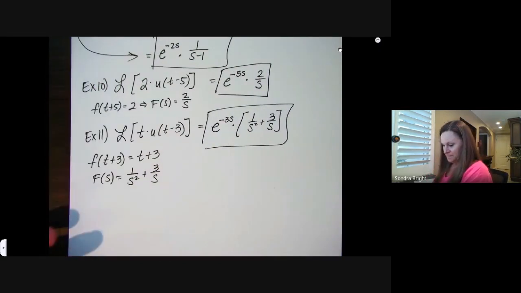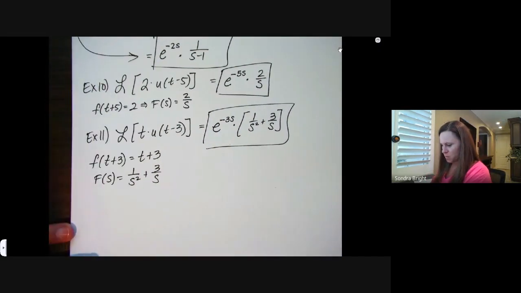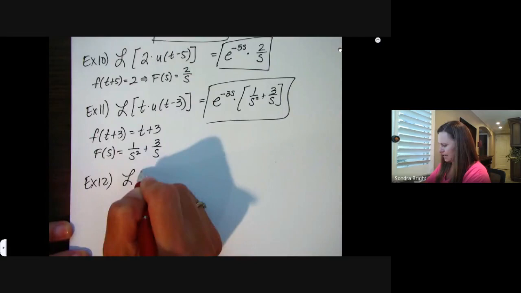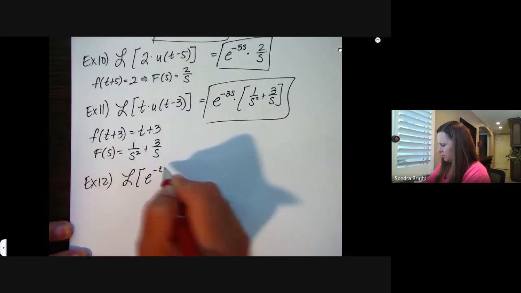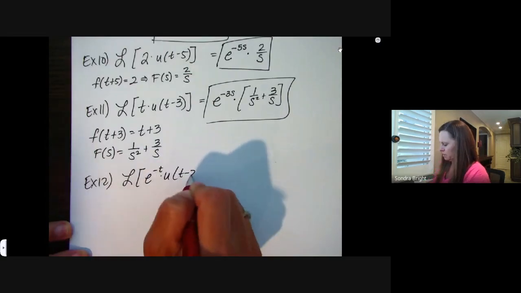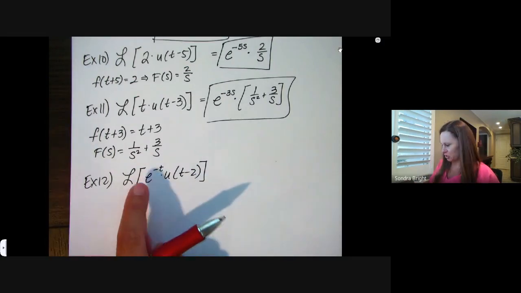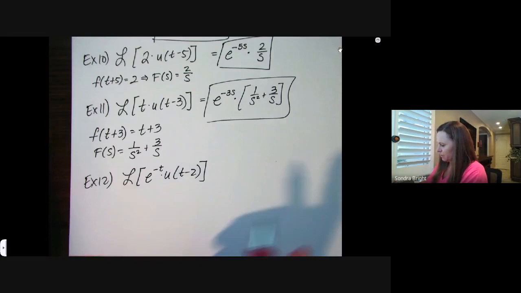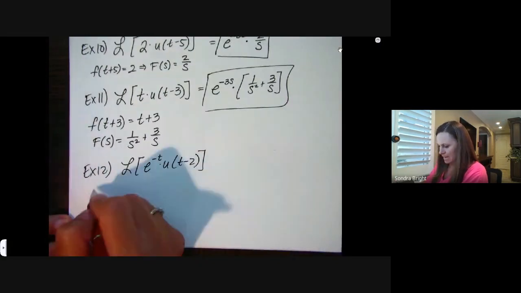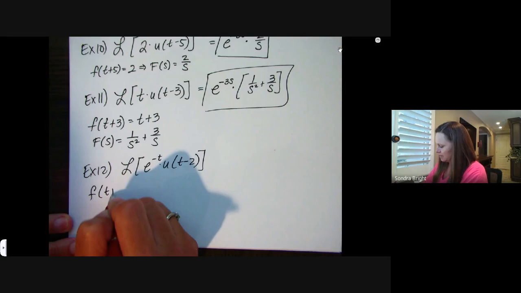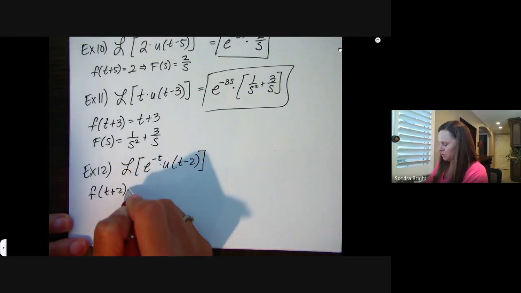Okay, how about one more of this type? How about the Laplace transform of e to the negative t times u of t minus 2? All right, so e to the negative t is f of t minus 2, which means for f of t, what we need is f of t plus 2, which would be e to the negative t plus 2.